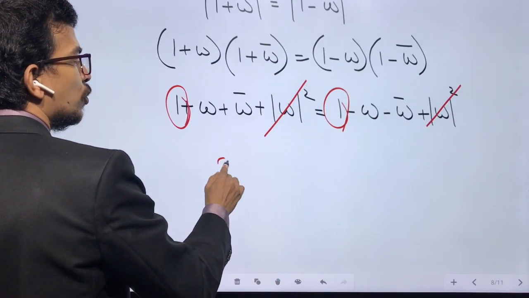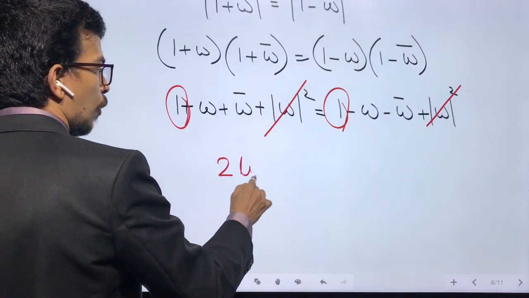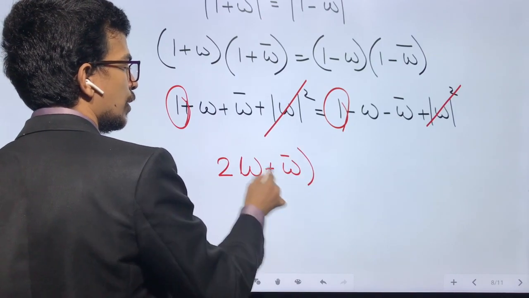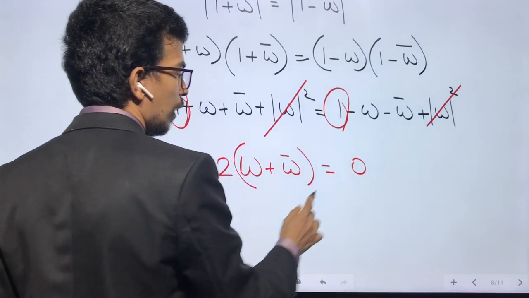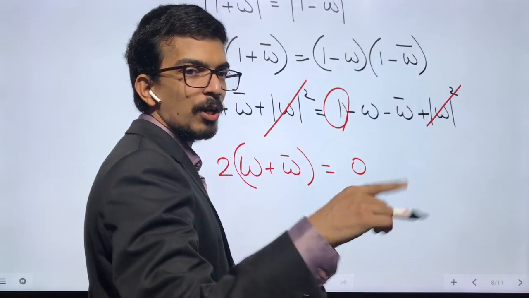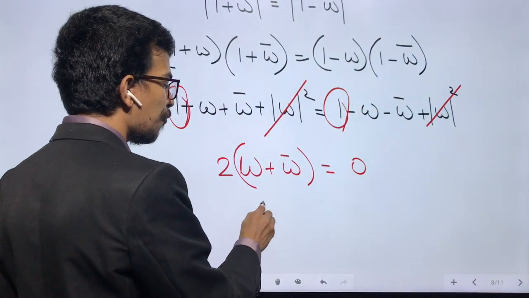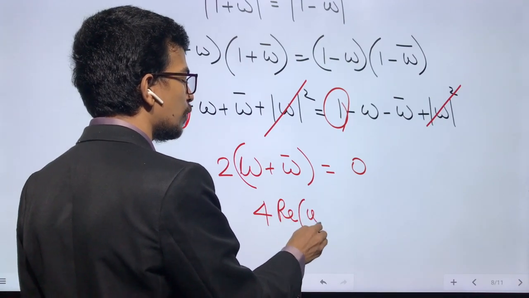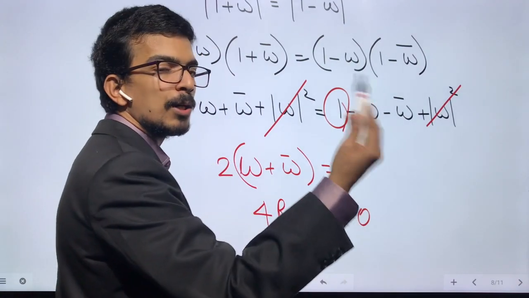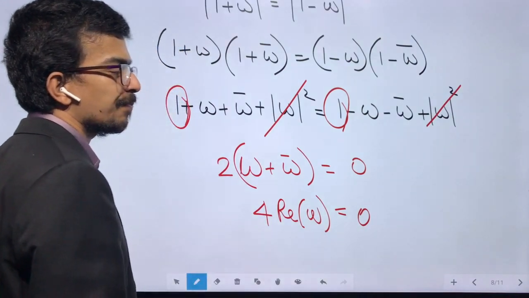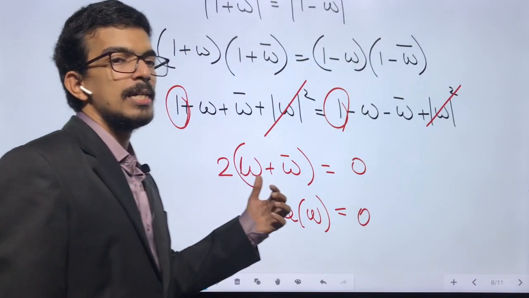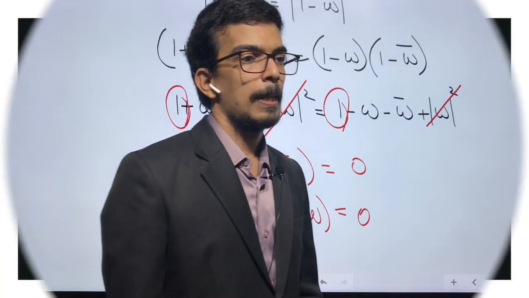We have 2 times (omega plus omega conjugate) is equal to 0. And this omega plus omega conjugate, we already know it is 2 times real part of omega. So we have 4 times real part of omega is equal to 0. So we have real part of omega equal to 0. That was the 7th way of doing it.